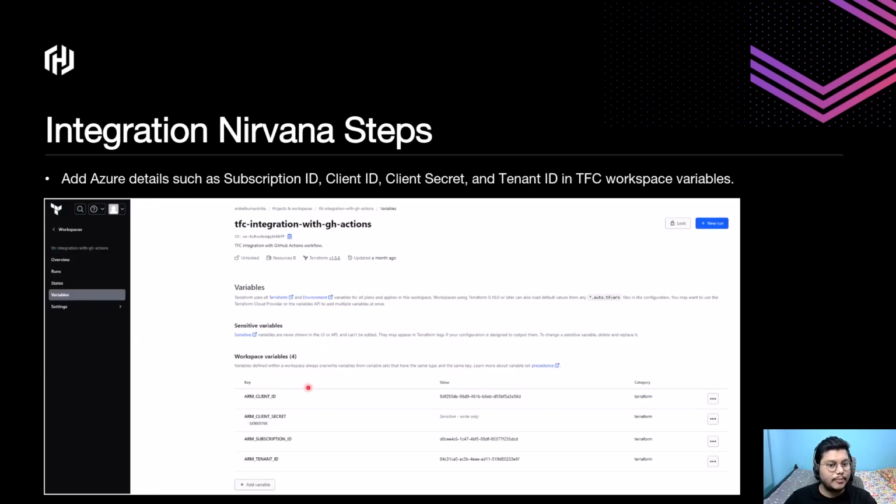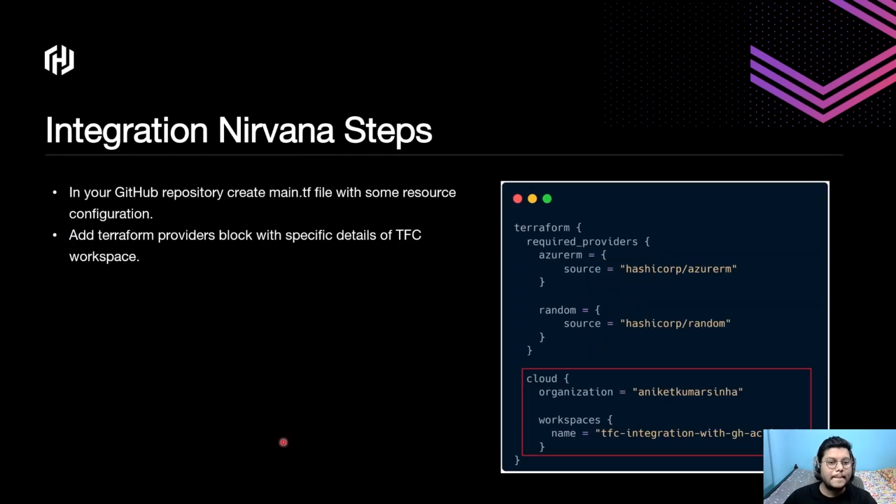Then we moved to the variable section to add the details of our Azure, the client ID, the client secret, etc. And then we moved over to the code part. In the main.tf file, we added this specific cloud block, which is basically targeting the workspace in Terraform Cloud.